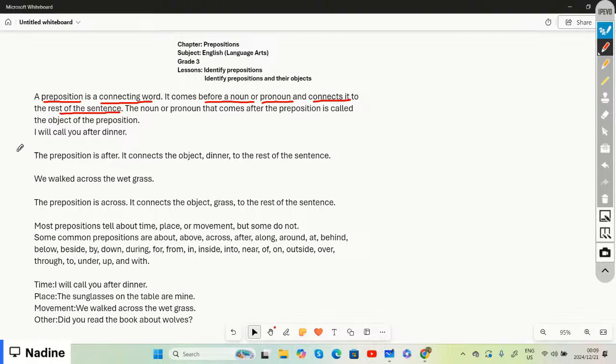So we see that a preposition comes before a noun or pronoun and connects it to the rest of the sentence.